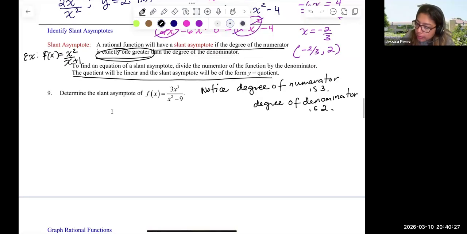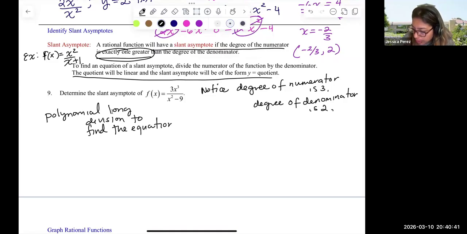So what I'm going to do is polynomial long division to find the quotient, or the equation of the slant asymptote. So let's do that together.